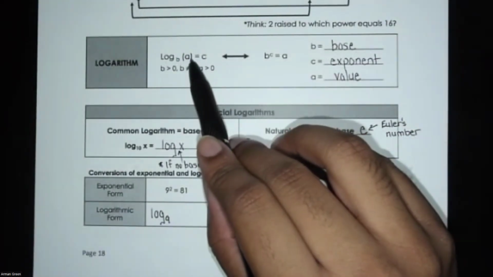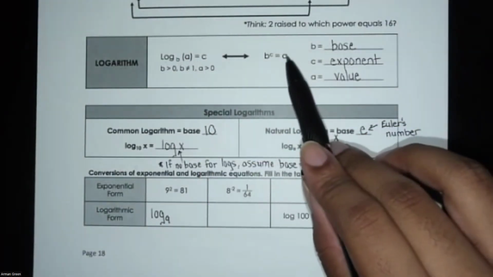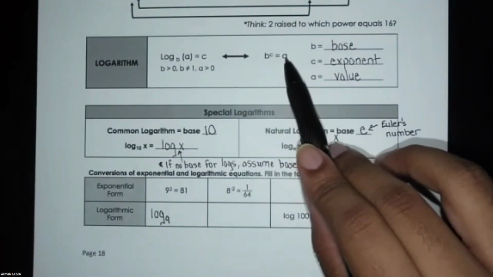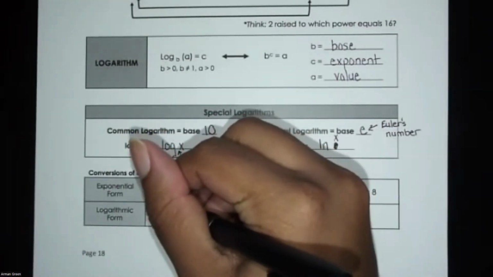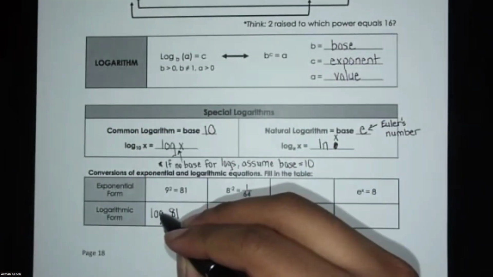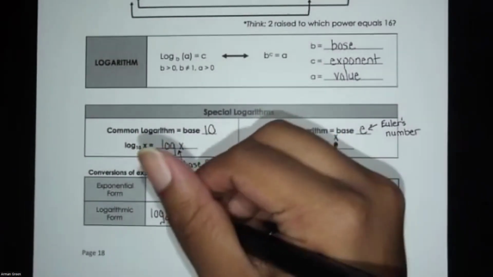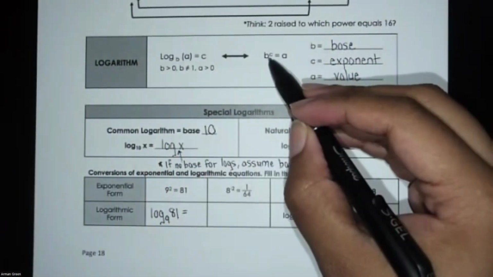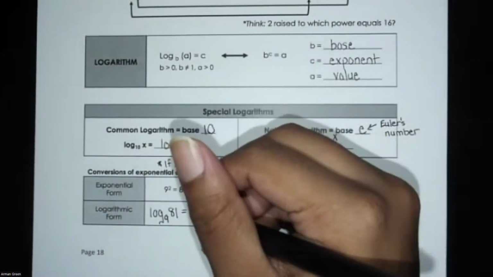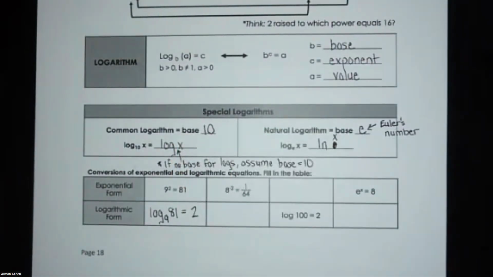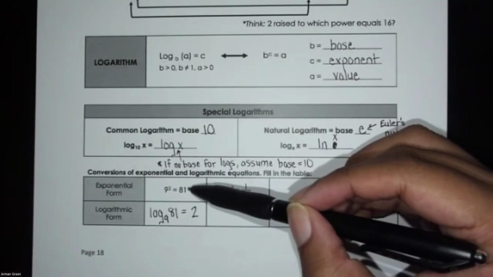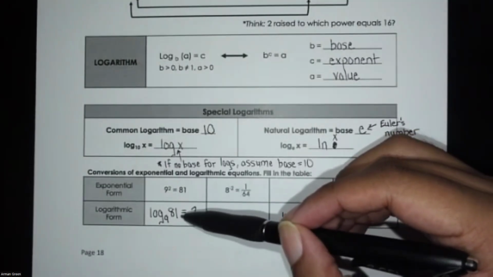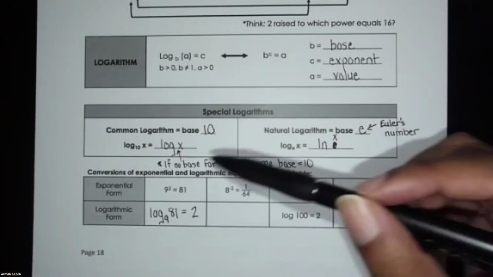Then I write my value, that number by itself on the right-hand side, which is 81. So we have log base 9 of 81 equals whatever your exponent is, which in this case is 2. This is how we can write an exponential equation in terms of a logarithm.